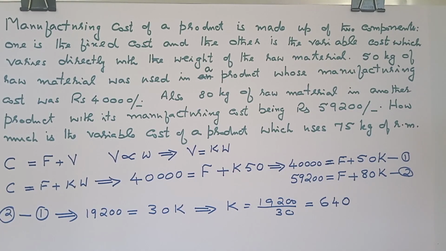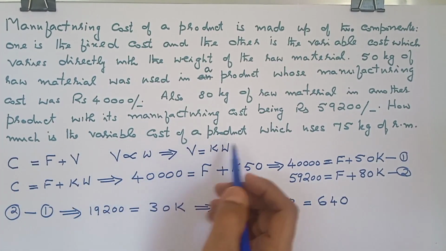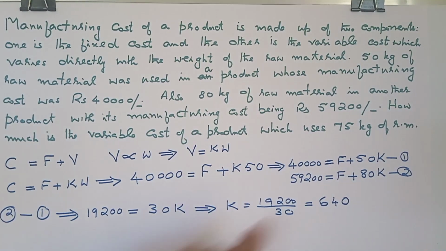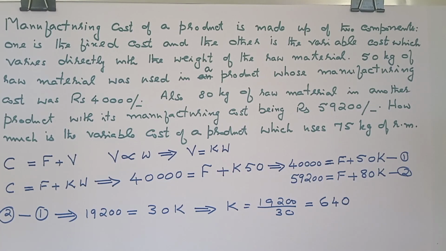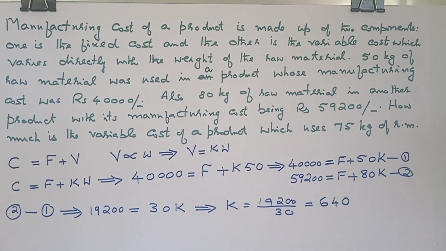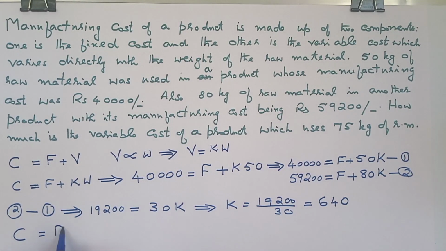Now what is the question about? We are asked to find out the variable cost of a product which uses 75 kilograms of raw material. So we don't need to find out the total manufacturing cost. We need to find out only the variable cost component. That means, see, total cost will be C equal to F plus the variable part.